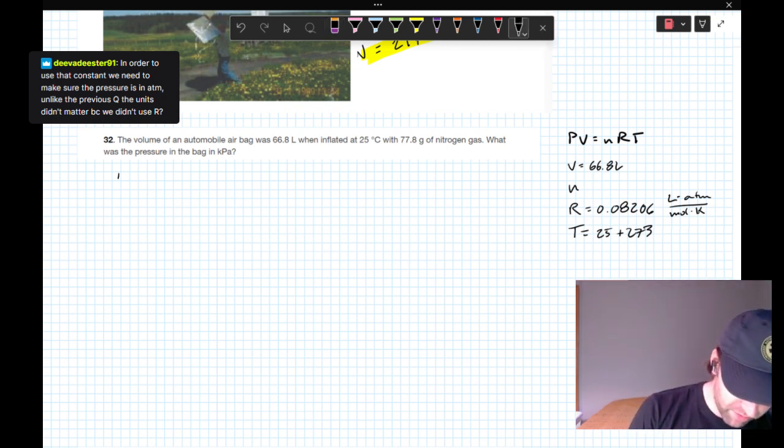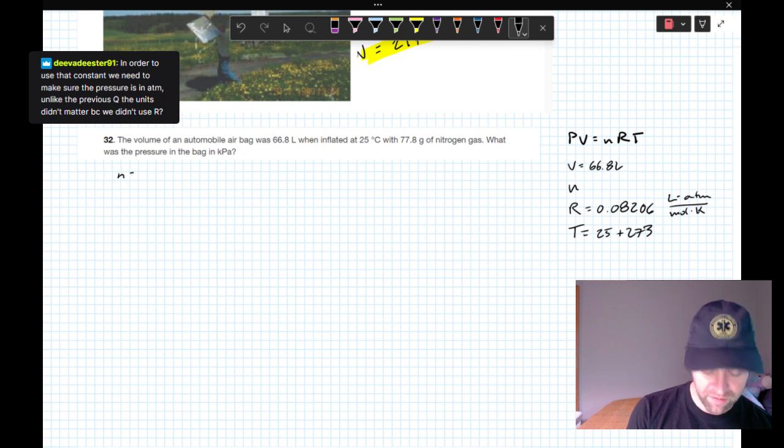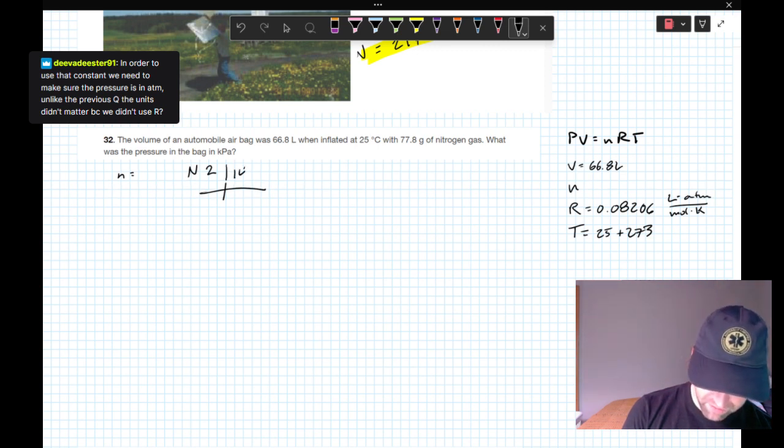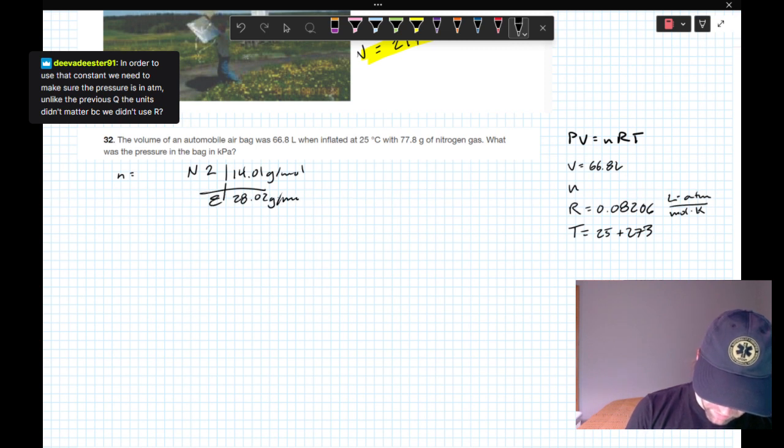So let's calculate n, the number of moles that we have. We know that nitrogen gas is diatomic. There's two of them. And this should look familiar. The molar mass of nitrogen is 14.01 grams per mole. So we simply double that, gives us 28.02 grams per mole. They gave us 77.8 grams of N2.